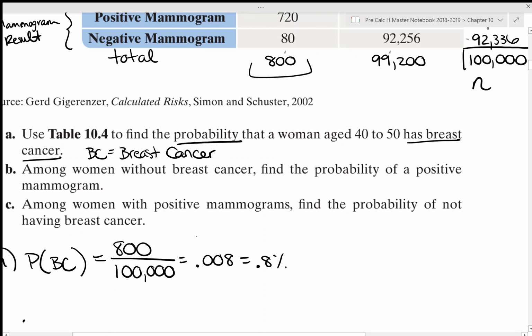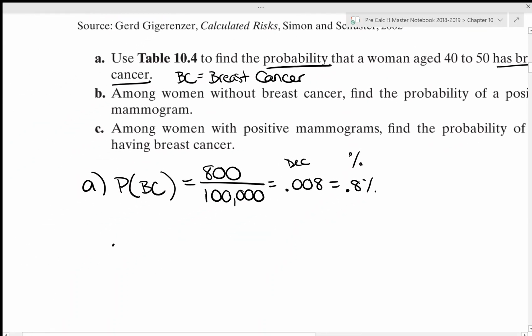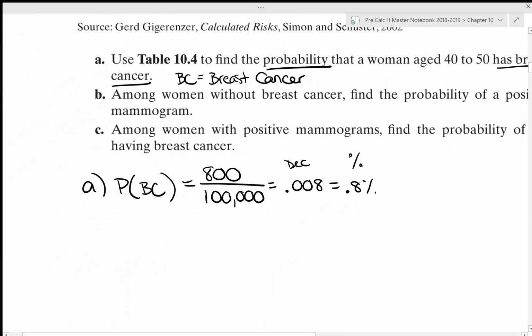You could write it as a decimal or a percent, or as a fraction, simplified or not. I believe this would become 8 over 1,000, which is 1 out of 125, I think. So that is your probability.